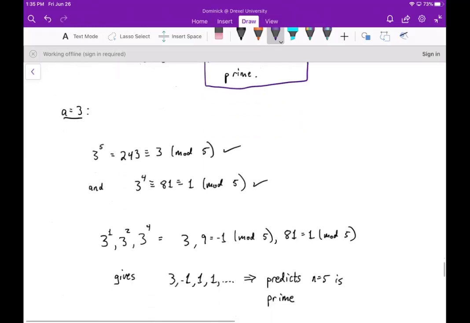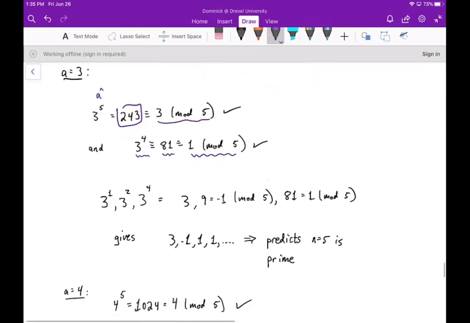Okay, for a equals 3, we should be able to do the same thing. And of course, a^n, which in this case is 3 to the 5, is 243, which is 3 mod 5, right? And if I raise 3 to the 4th power, which is my 2^k, or 2 squared, times m, we get 81, which is 1 mod 5.